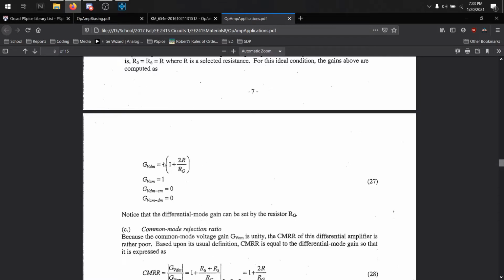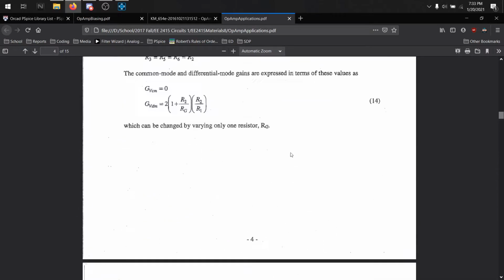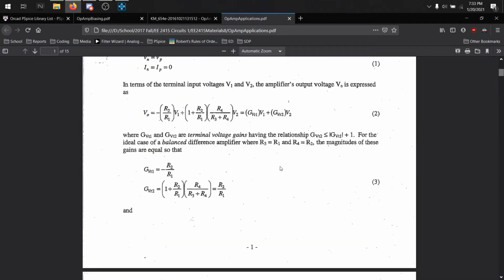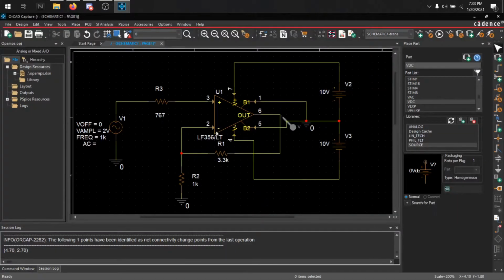So the gain for the non-inverting op amp is 1 plus R1 over R2. So your gain will be 4.3 in this setup. So if we multiply 2 times 4.3, we should have 8.6 on the output.